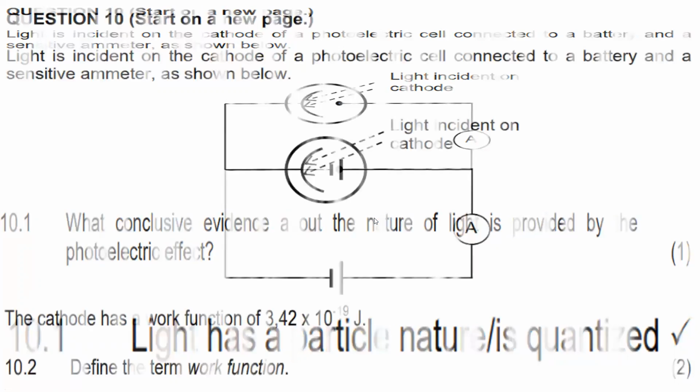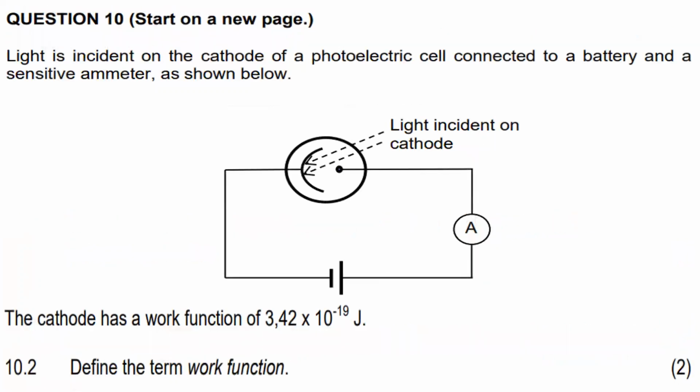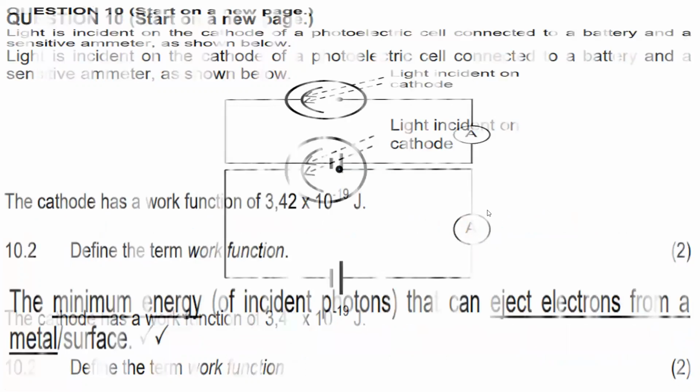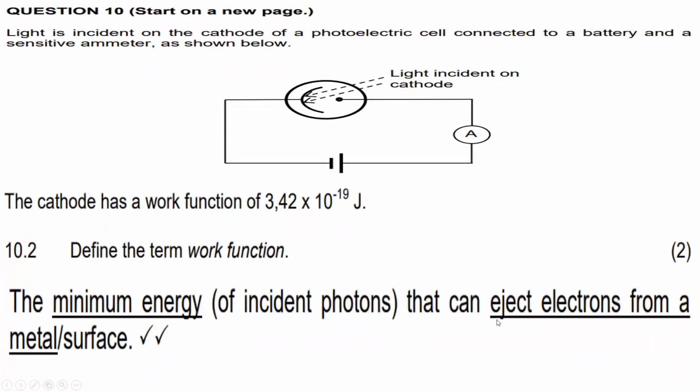This is question 10.1. In 10.2, they're asking to define the term work function. So we should know all definitions to get full marks from this question. Work function is the minimum energy to remove the electrons from the surface, or you can use the full definition, write it down from our definition list.